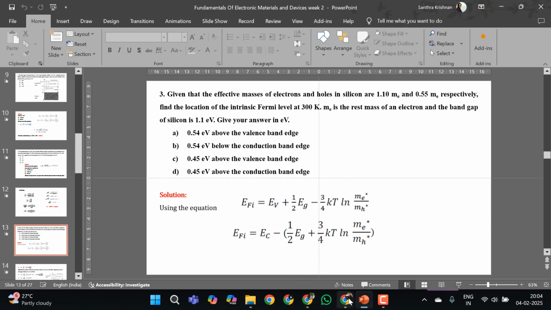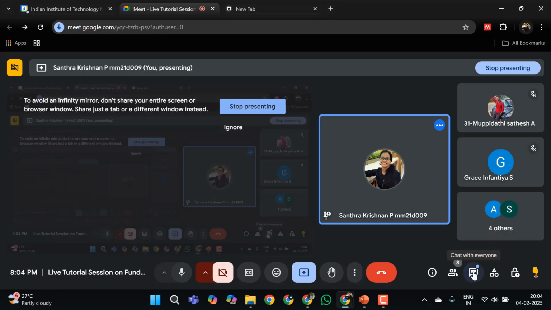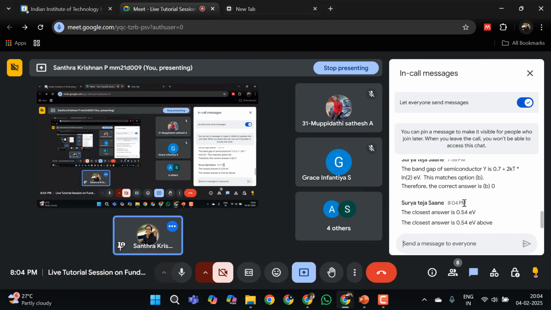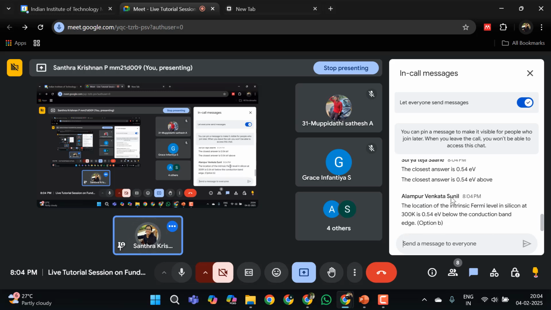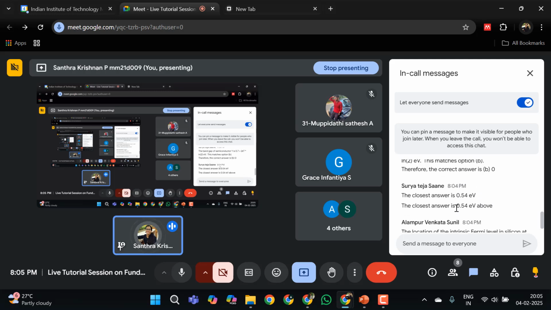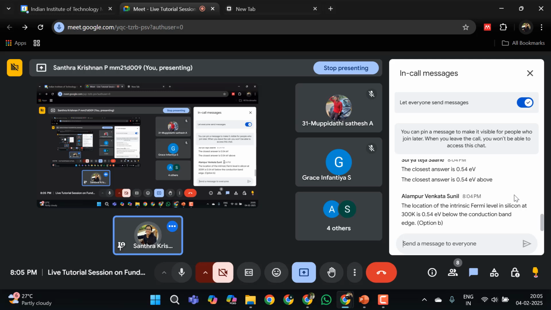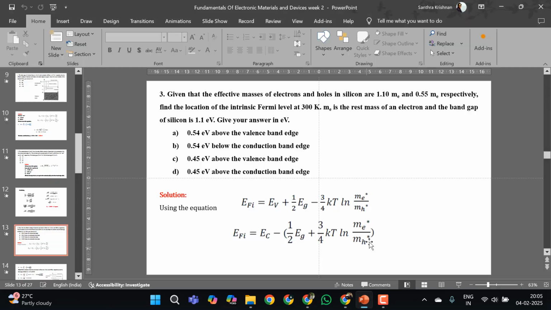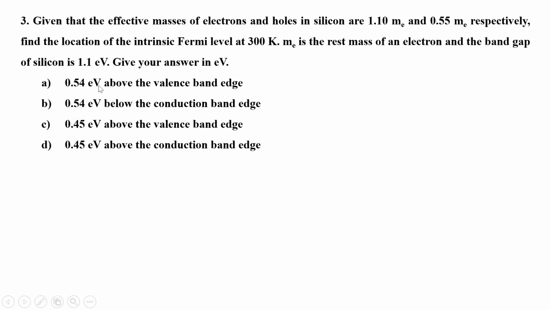Okay, somebody has answered in the chat box. Let us check what it is. Closest answer is 0.54, 0.54 above. Surya Teja, can you complete the answer? 0.54 above what? Valence band, I hope. Okay, 0.54 below conduction band is the option that I got. 0.54 below conduction band, 0.54 above valence band. Okay, both answers are here, so just wait and see.